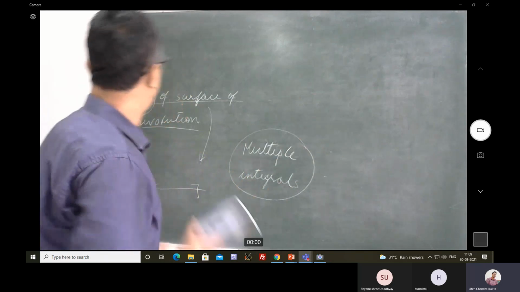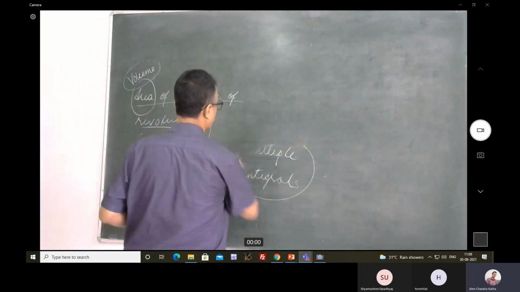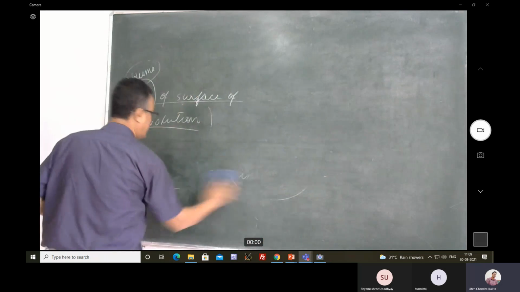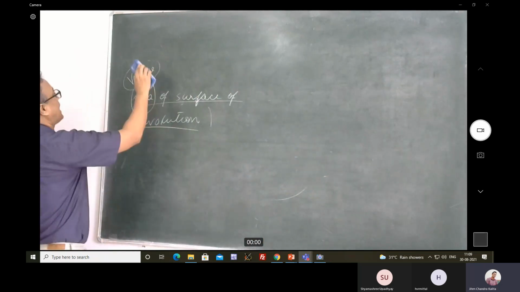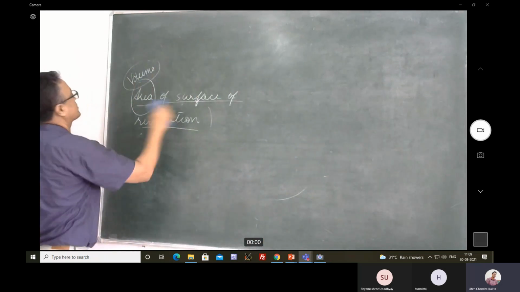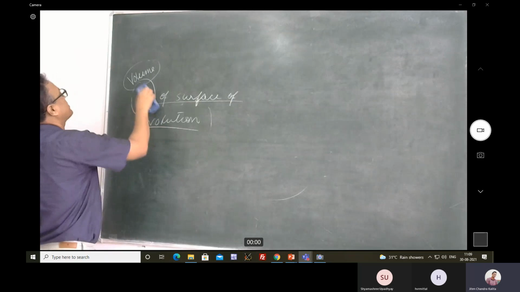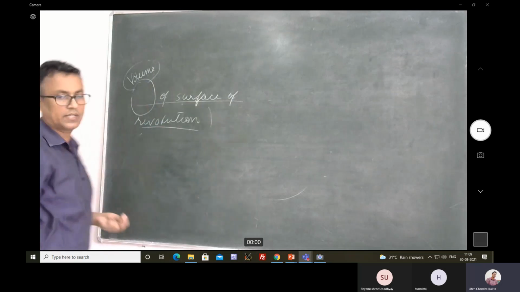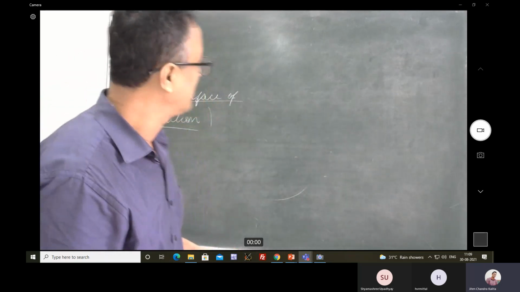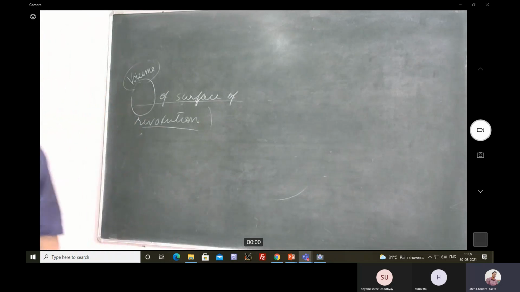So what I'm going to do today first is go to volume of surface of revolution. But before that, let us start with simply volume of some known shapes.